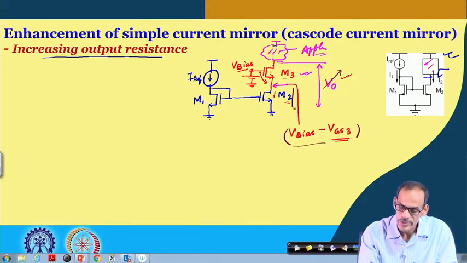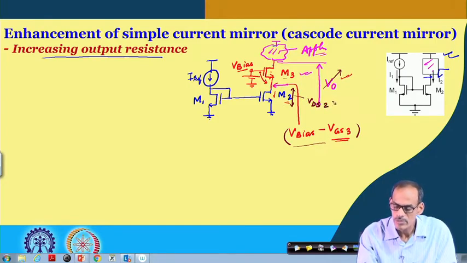As a result, we can say that VDS of this transistor is independent, quote and unquote, of the output voltage.